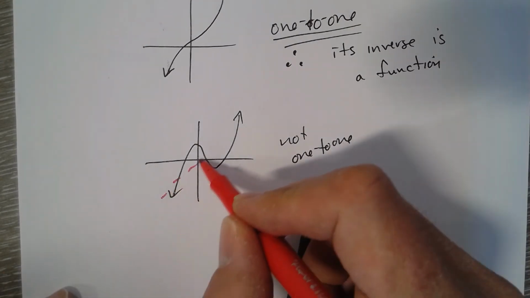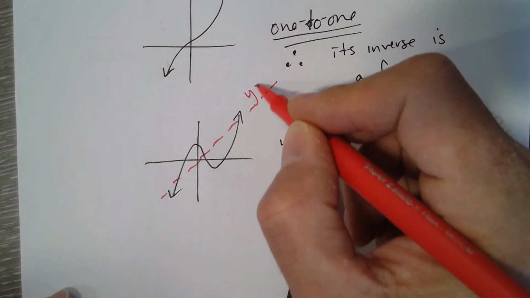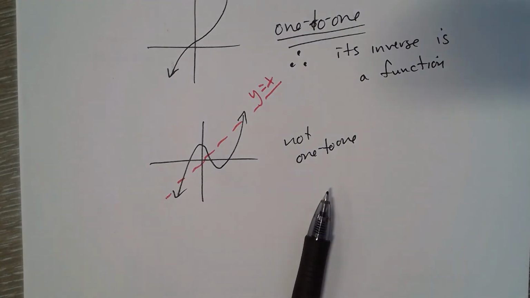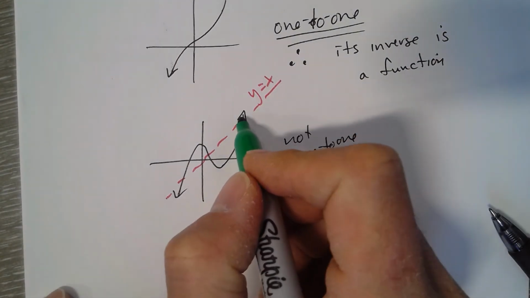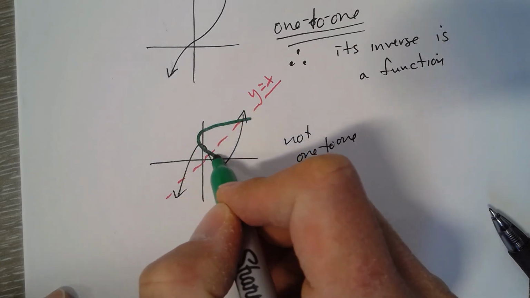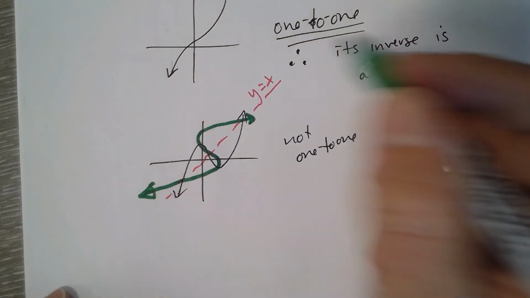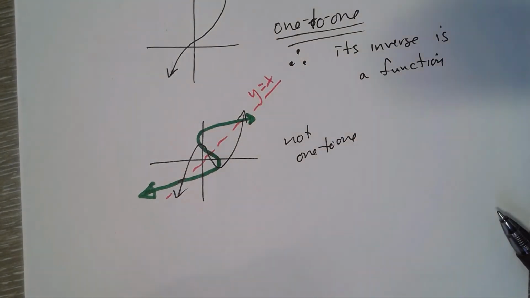So if I was going to draw my y equals x, the inverse of this, oh boy, let's see, look like that. There's my inverse. Notice they're symmetrical across the line y equals x.